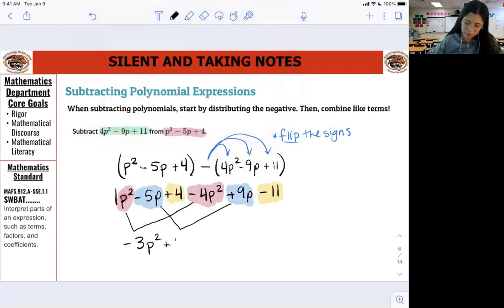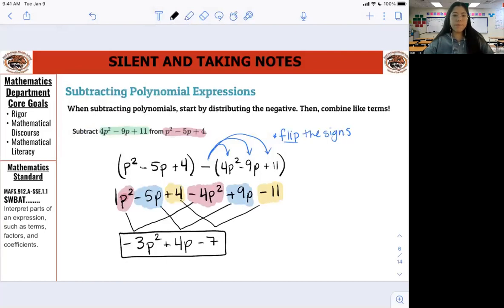Good. And then finally, 4 minus 11. Negative 7. So there we go. There you have it. Trinomial with a leading coefficient of negative 3 and a constant of negative 7. How do we feel about this one?